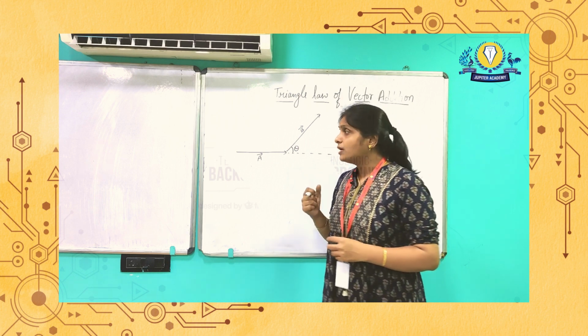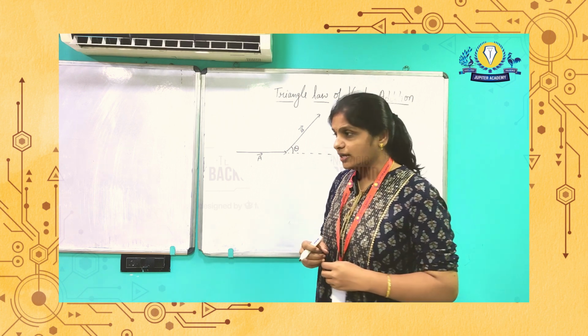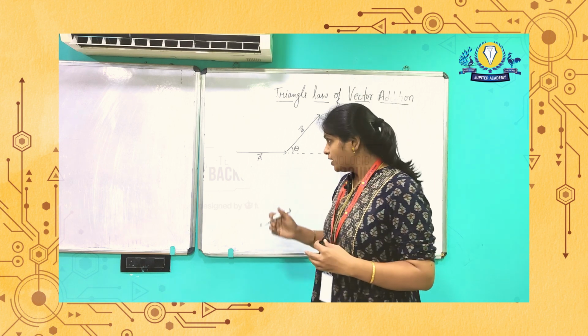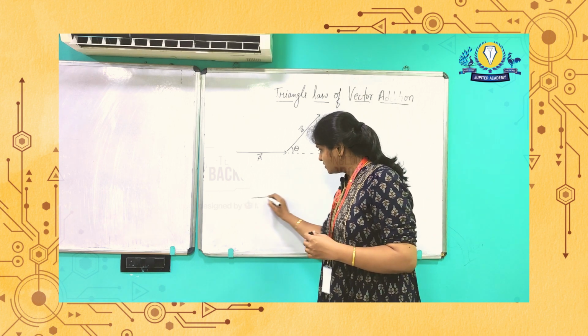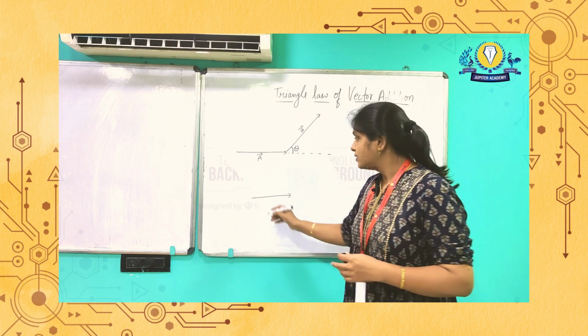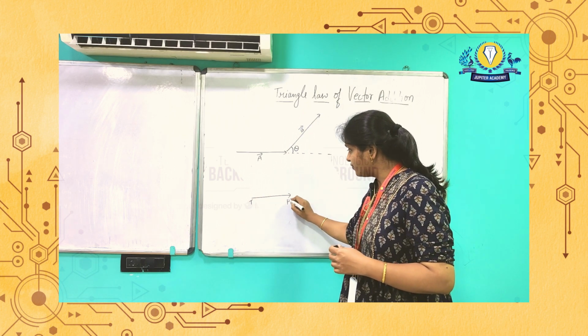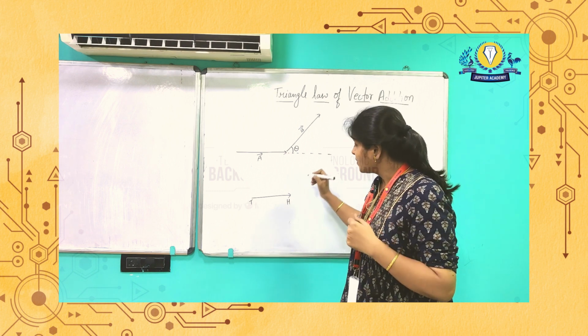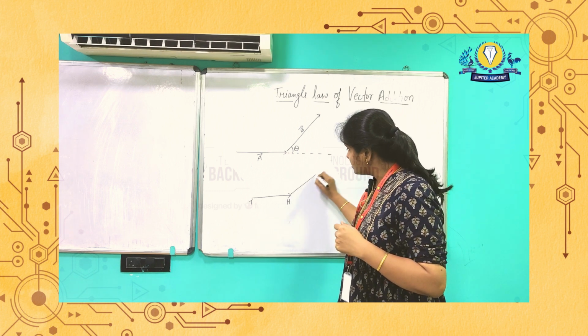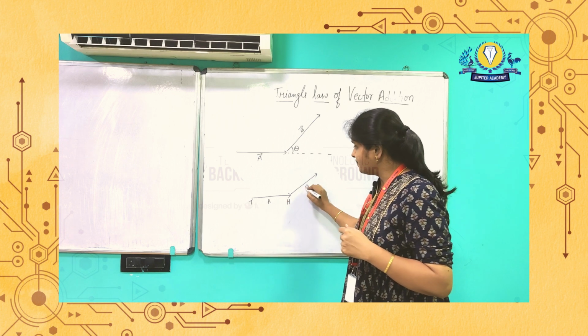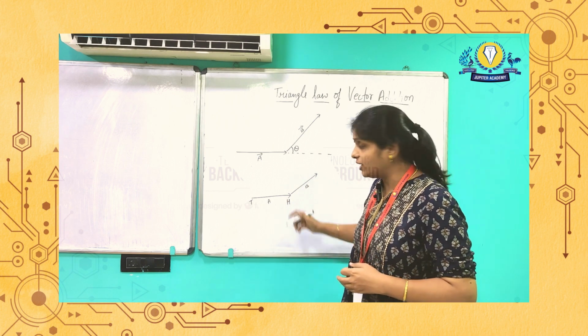Now listen, one more concept I will tell you here. What is the in order and opposite order concept? Suppose you know this is a vector. This is the tail of the vector. This is the head of the vector. If another vector is here, like this is A, this is B. What is the tail of the B vector?